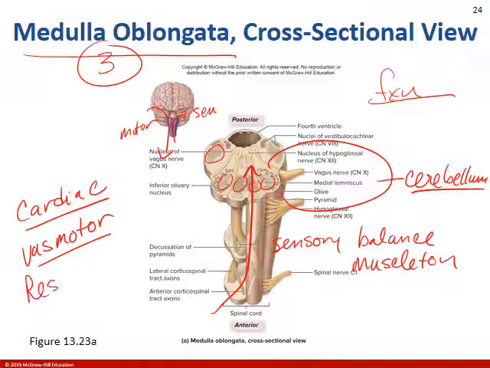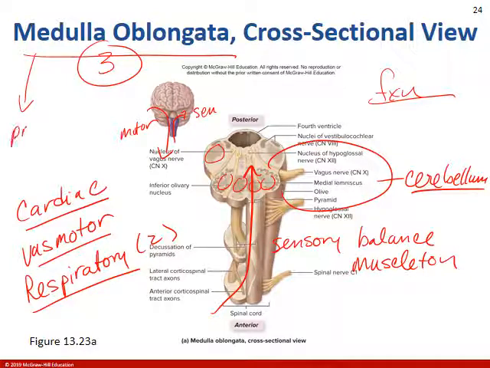And then we also have another respiratory center. So this is two respiratory centers. One is in the pons, one is in the medulla. Also, we have nuclei responsible for coughing and sneezing and vomiting and producing or releasing saliva and swallowing.